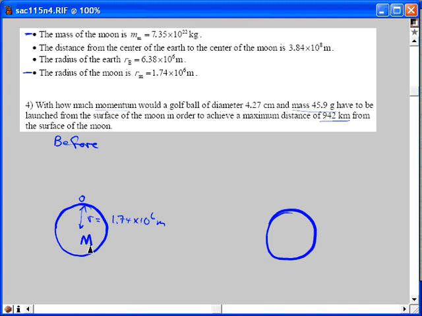The mass, I'll use the symbol capital M for the mass of the moon, and it's given as 7.35 times 10 to the 22 kilograms. Here's my little golf ball. I launch it up here with some velocity v, which is what I'm looking for. It's got a mass of 45.9 grams, or 0.0459 kilograms.